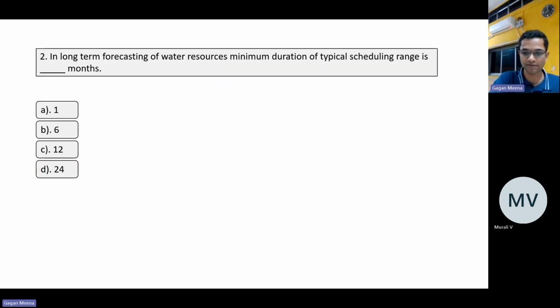Okay. Next one is: in long-term forecasting of water resources, what is the minimum duration of typical scheduling ranges? This is also very easy.